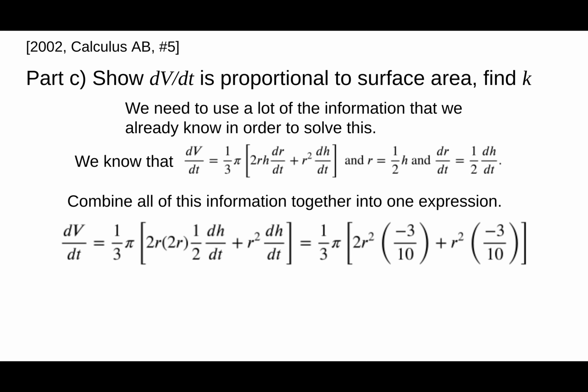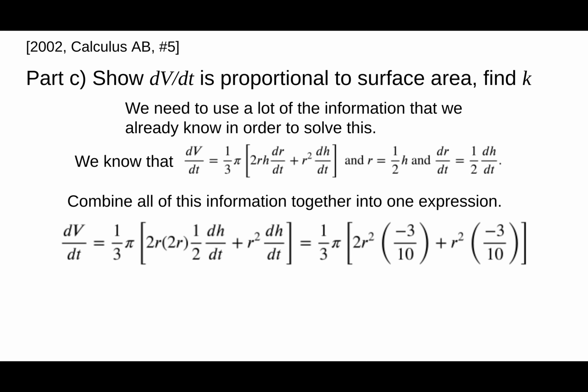So dV/dt is 1/3 pi times 2r times h, but h is actually twice the radius, so I'm going to put 2r in for h. And dr/dt is really 1/2 dh/dt, so I'm going to substitute 1/2 dh/dt in for dr/dt.